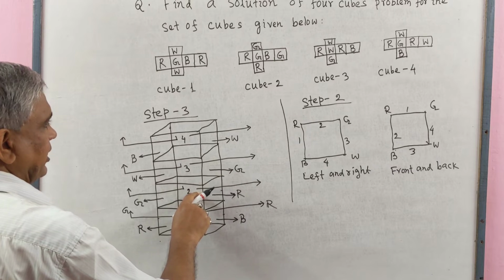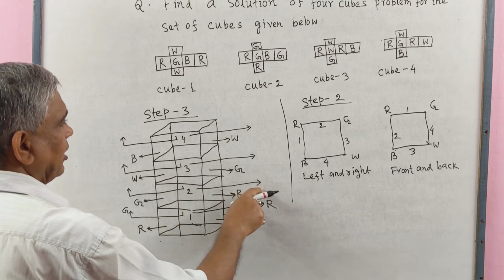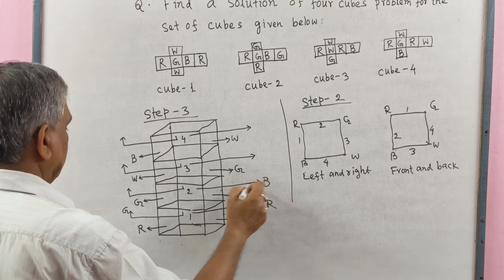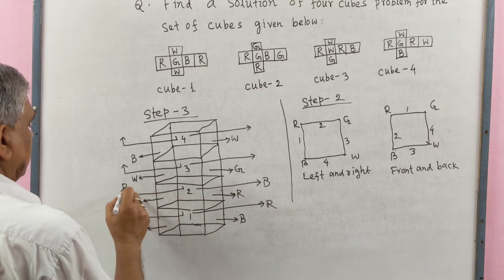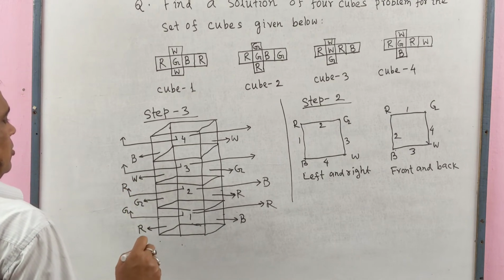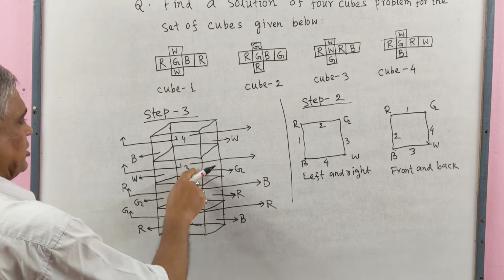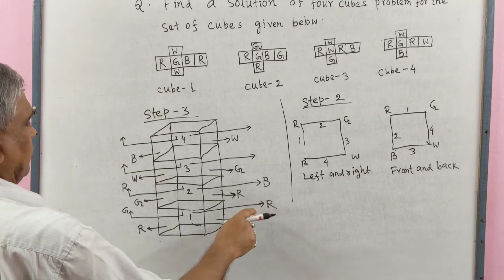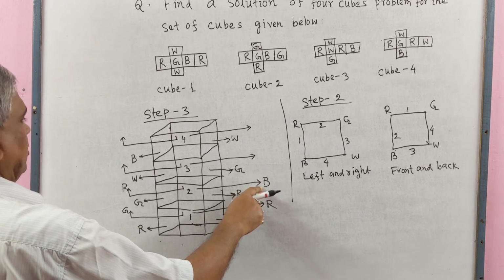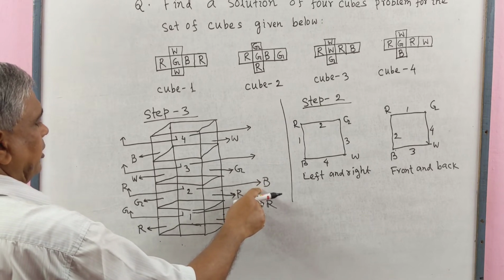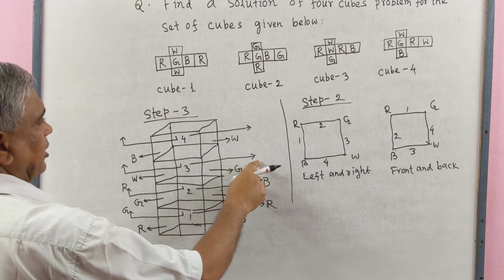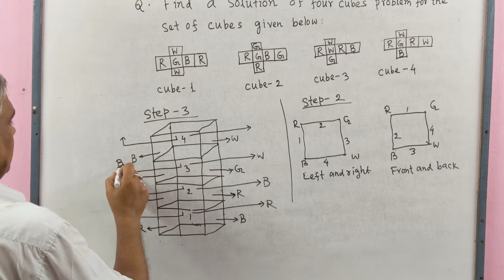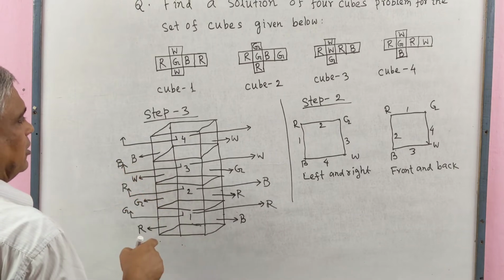In the second cube, we have R and B. Here already R, so we give B here, R here. Front and back. For the third cube, here we see B and W. Here already we have B in the front, so we give W here and B on this side, the back side.